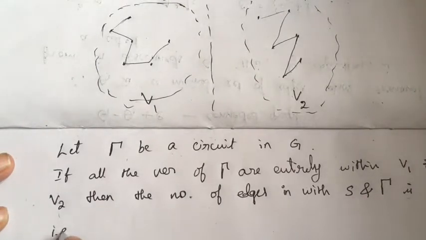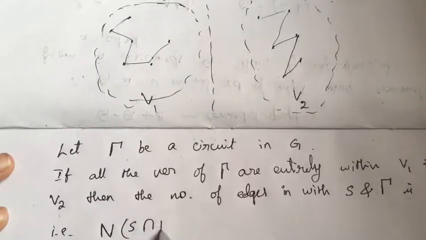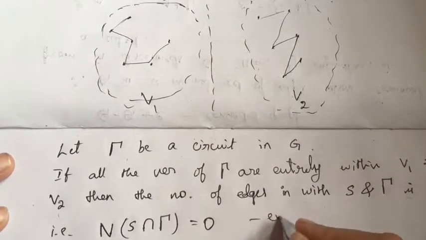That is, I can say the number of edges in common with S and gamma is 0, which is an even number in fact.